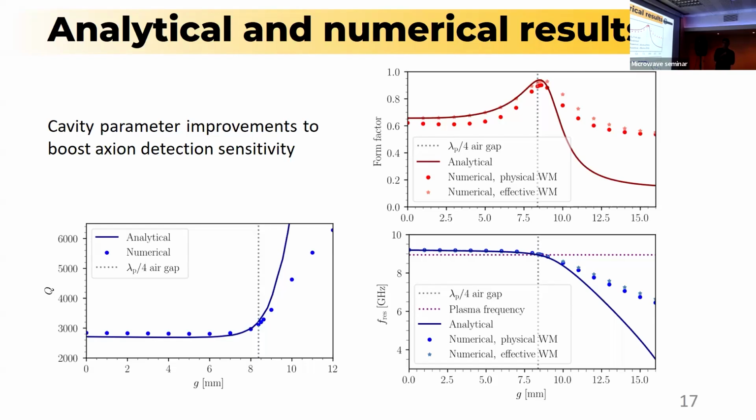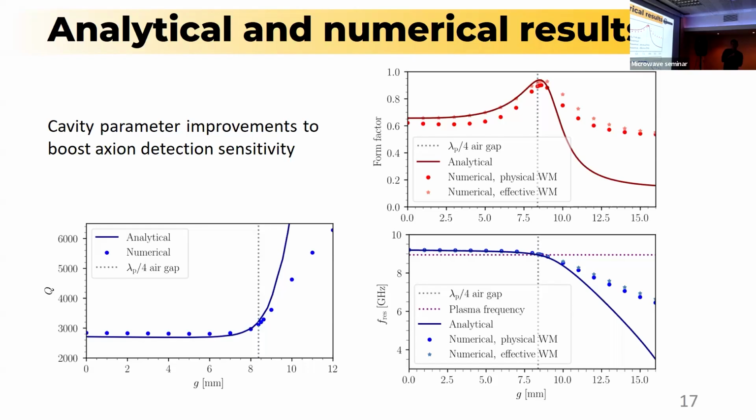Here, in these next two plots of the form factor and the resonance frequency, we are going to have three curves. The solid one comes from the analytical model, and we have two numerical results. One numerical result indicates the physical wire medium, which means this numerical modeling includes every wire with the radius of the wire and everything.